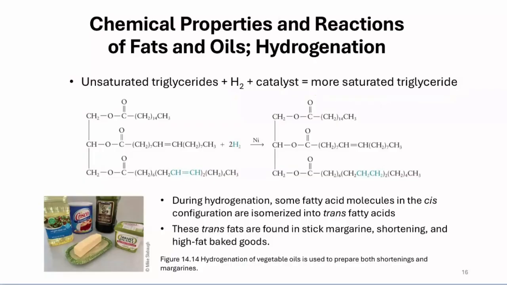That is because upon reaction of the H2 and catalyst with the unsaturated triglyceride, only a portion of the molecule will be receiving those hydrogens. That carbon-carbon double bond turns into a carbon-carbon single bond, and we are adding hydrogens on the alkene.